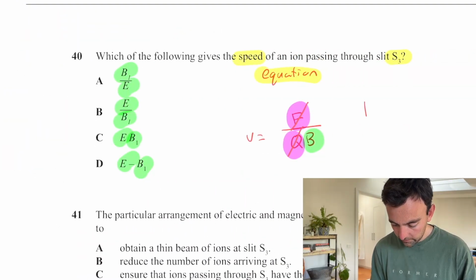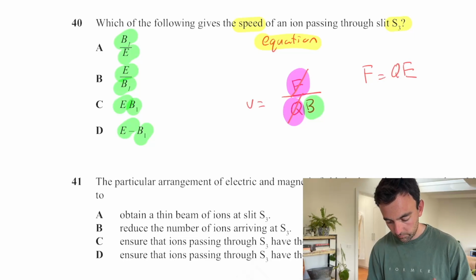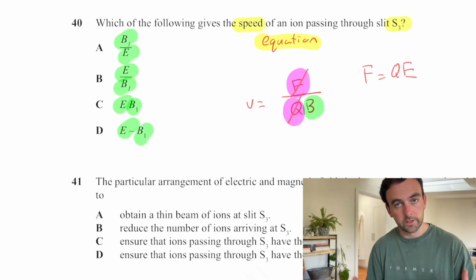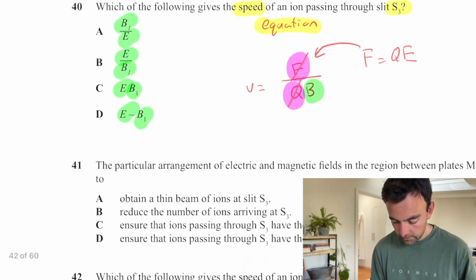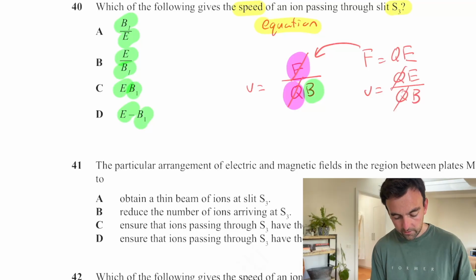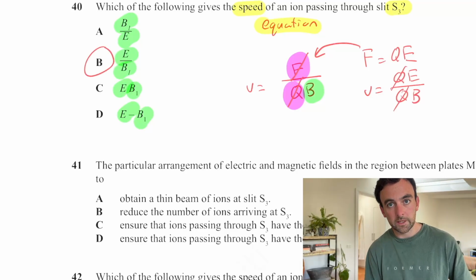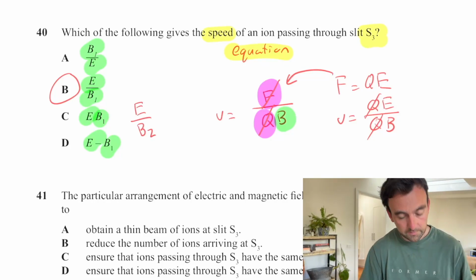If we go back, F equals QE, and then all of a sudden it becomes quite clear how this is going to work, because you can see that all of these things are going to cancel out if you substitute F for F. So you end up getting V equals QE over QB, and then the Q's cancel out, so we get E over B.